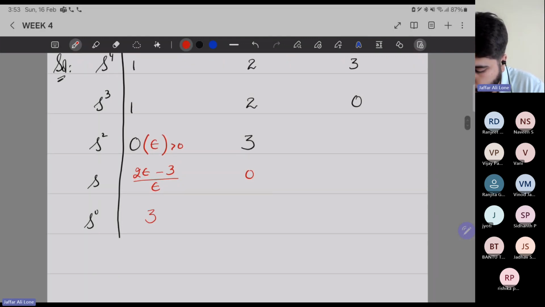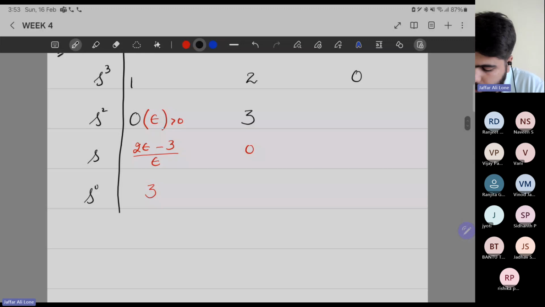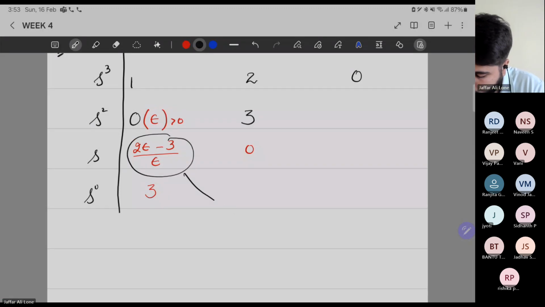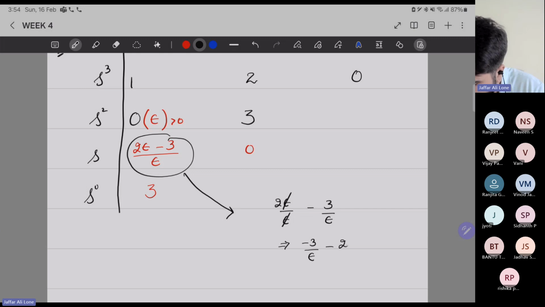Now what we have to check. If I take this term, it is 2 epsilon by epsilon minus 3 by epsilon. So we cancel, it will be minus 3 over epsilon plus 2.